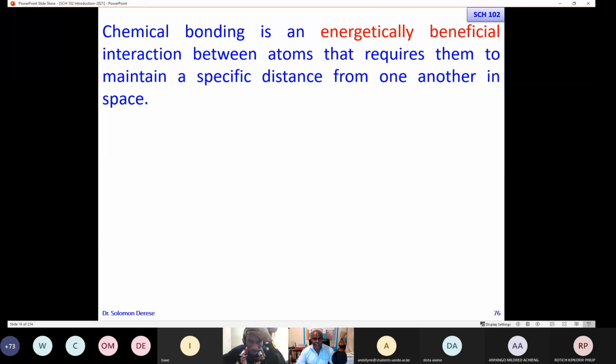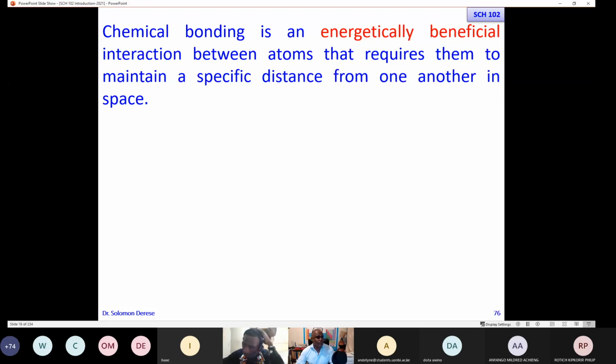Chemical bonding is an interaction that requires the atoms to maintain a specific distance from one another in space. So chemical bonding is what holds two atoms together.